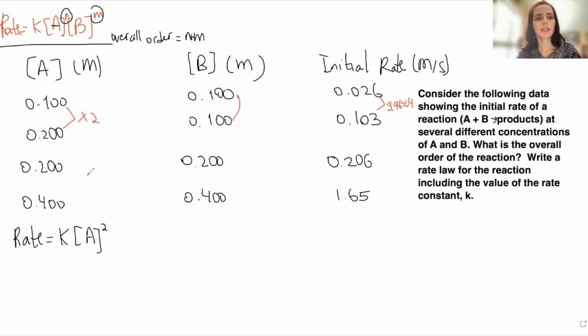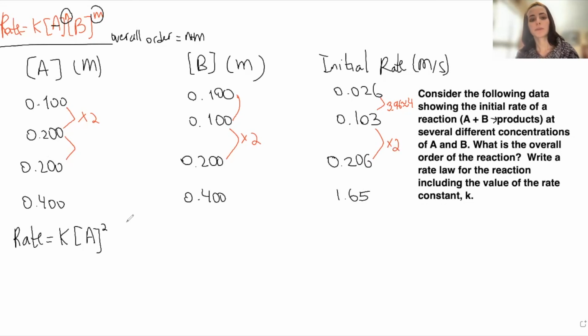So let's take care of B. We need to find that point where A is constant. So this is it, right? A is constant, doesn't change. And B changes by a factor of 2. So what happens to our initial rate? Our initial rate changes by a factor of 2 as well.